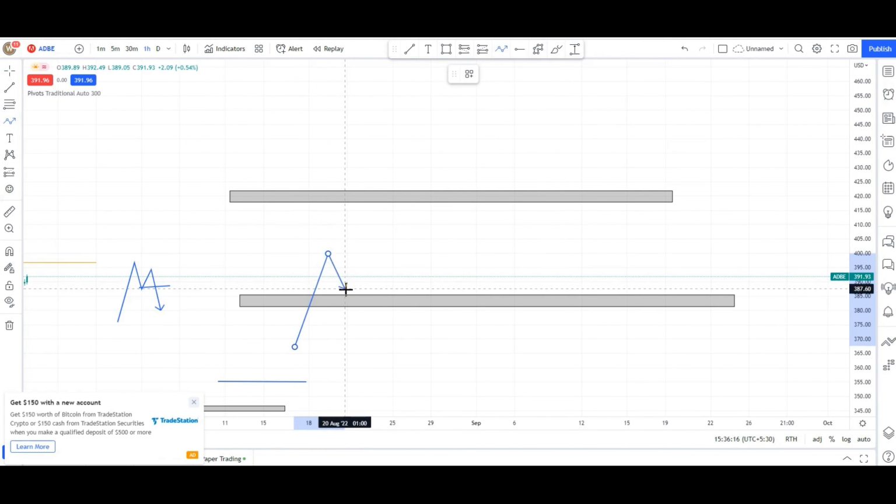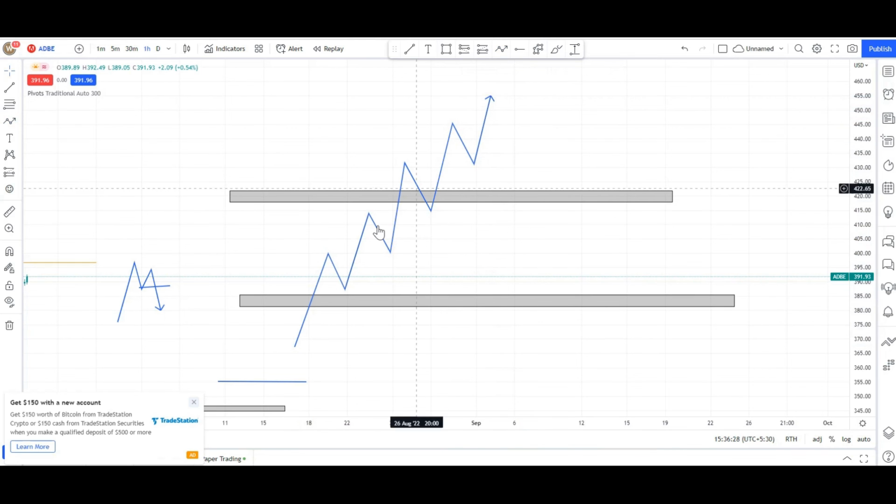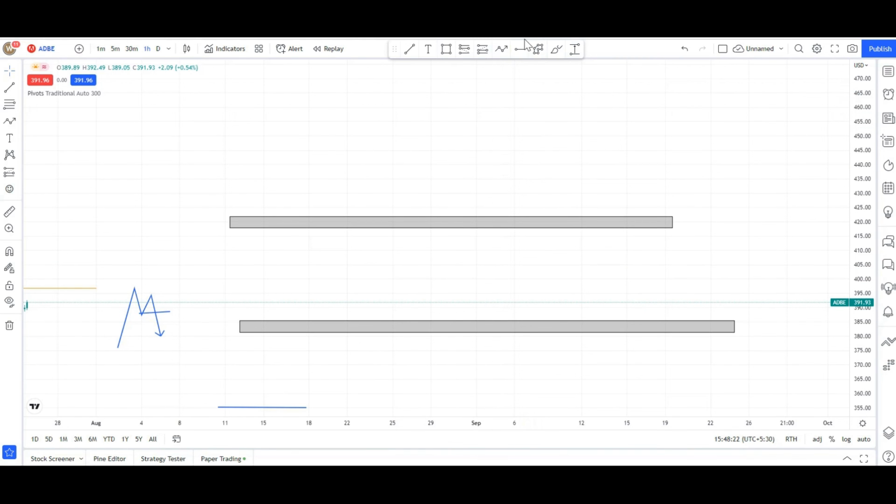So this is the higher high, guys. Okay guys, just a second. So like this the higher high has been made. Okay guys, you can see that this is higher high, higher high, higher high. So how does the downtrend start? You can see here, the downtrend came once again downside like this.